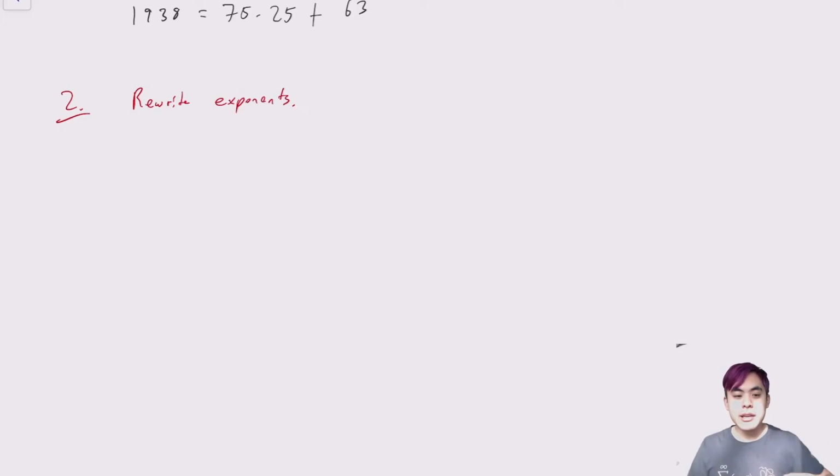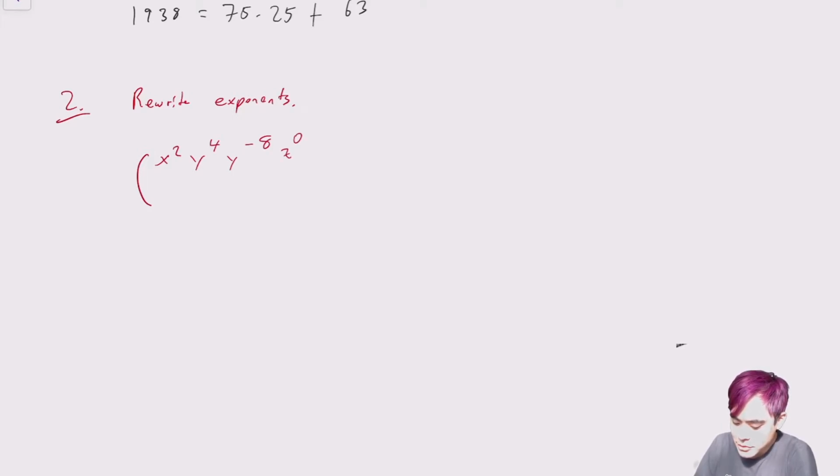Okay, so I give you something complicated. Maybe let's say this is x squared, y to the fourth, y to the minus 8, z to the 0, z squared, divided by, let's say, 16, x to the minus 4, y to the 0, and z to the, and just z.